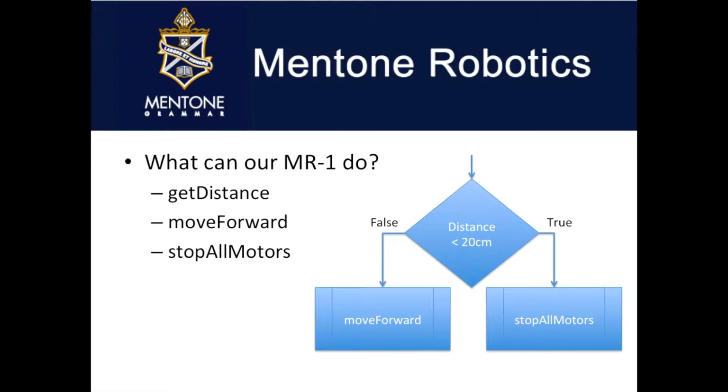So if it's false, we're going to move forward. If the distance is greater than 20 centimeters, we're going to move forward. If it is less than 20 centimeters, which will be true, we're going to stop the motors. So the robot's going to drive up to an obstacle and stop about 20 centimeters away from it. That's what we're aiming to do.